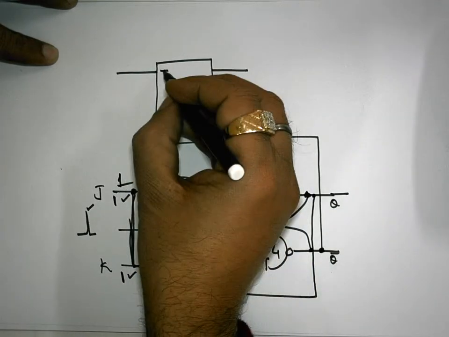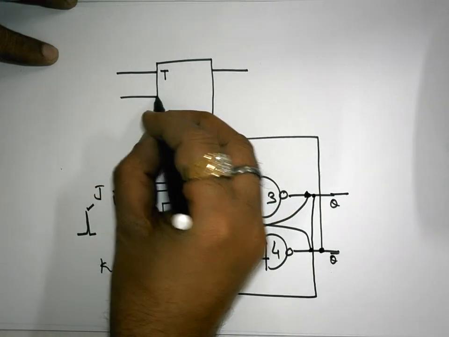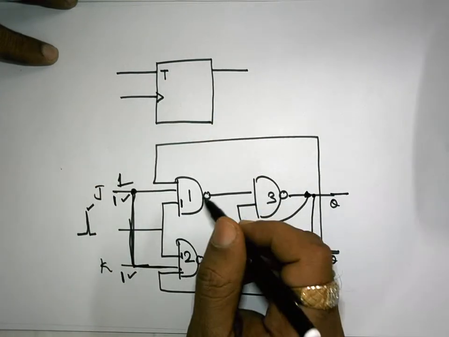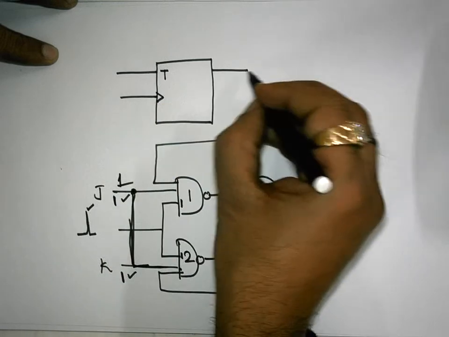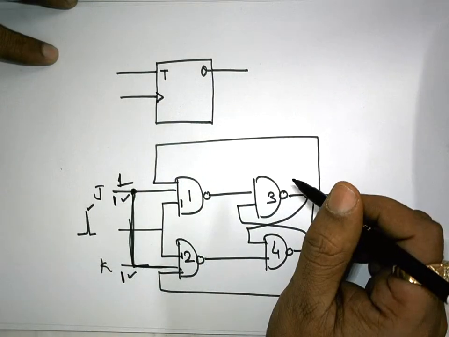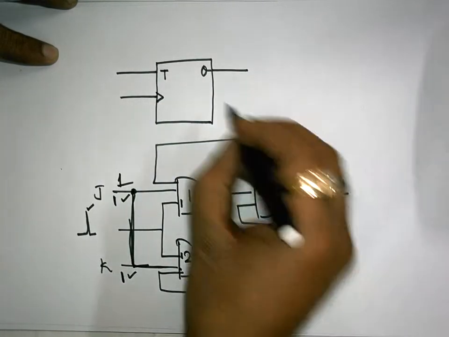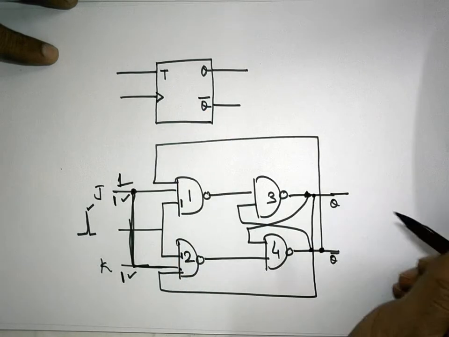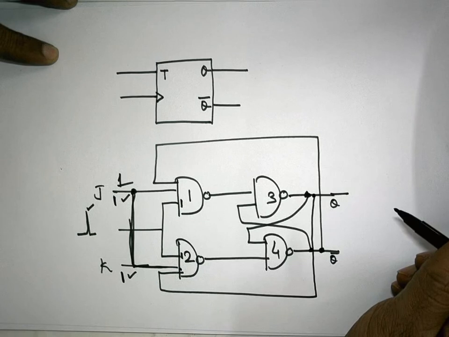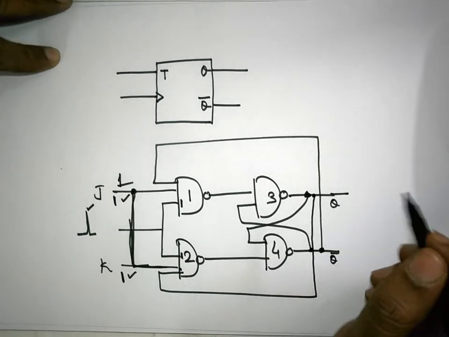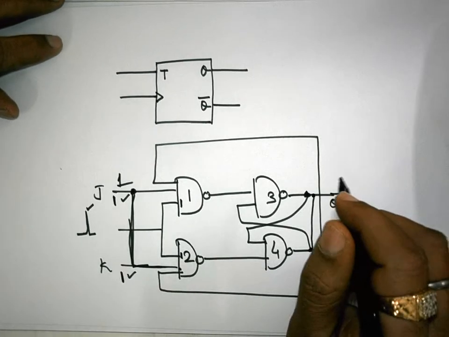Now we have a different flip-flop derived from this JK flip-flop, known as the T flip-flop, which has one input, and you can have both the outputs, or you may have one of the outputs. This is called the T flip-flop or toggle flip-flop. Okay. Getting my point?